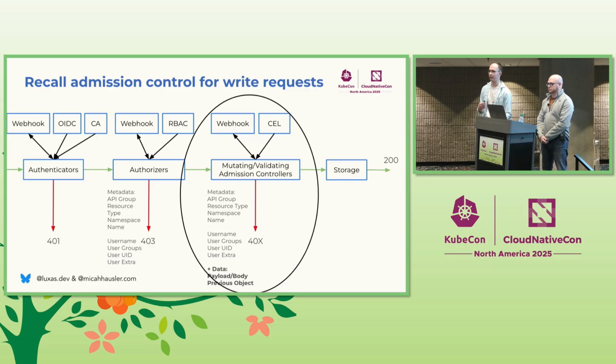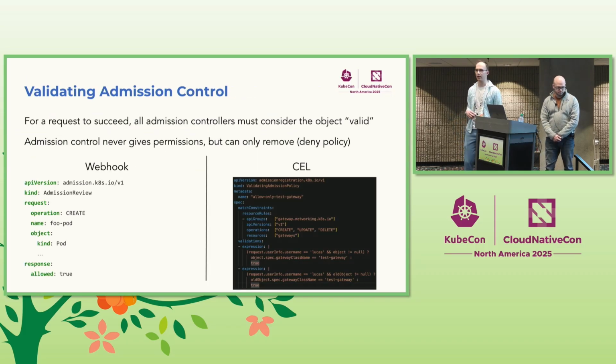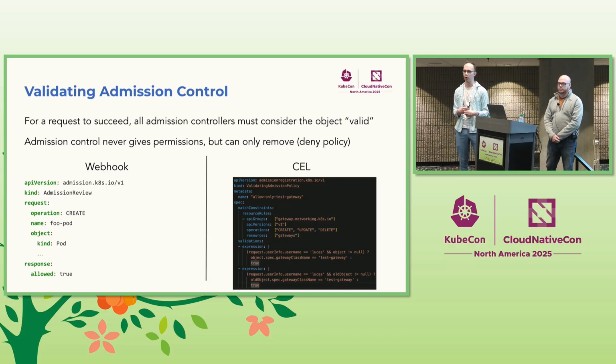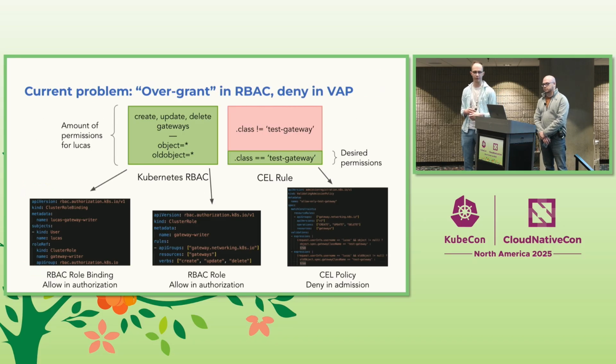So if we look at the write request, if we zoom into this validating admission control, as Micah said, you can write it in Common Expression Language through the GA feature in Kubernetes already, validating admission policy. So on a write request, you write the conditions that only in these certain conditions should the write go through. Or you can do anything with Gatekeeper, Open Policy Agent or similar to guard against writes that you don't want in your system.